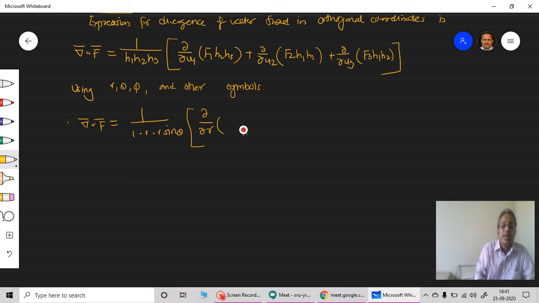Now h2 h3: h2 is r, h3 is r sin theta, so it is r square sin theta into f_r, plus ∂/∂theta, u2 is theta, into the bracket h1 h3, h1 is 1, h3 is r sin theta, so r sin theta into f_theta. Similarly the last term is ∂/∂phi into the bracket, h1 h2 is r, so that comes out here, and this is f_phi.